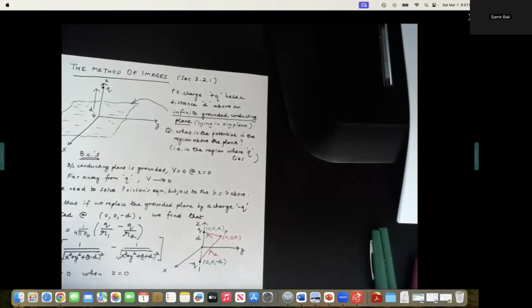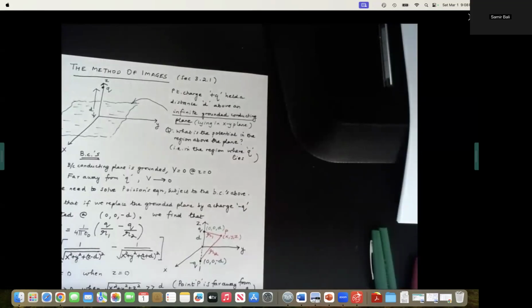And 2 says that V must go to 0 when the point P is very, very far away from where Q is. So r is much, much larger than d, right? Point P is far away from Q. So those are my boundary conditions.